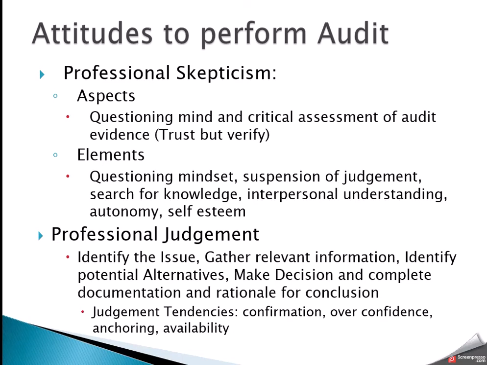So you talk to the client and you hear what they say, so you trust them, but you still go through the actual effort to verify it. Just because they tell you they took a physical count of inventory and this is the balance, you don't just go, oh, okay, great, I'll use that. You actually go and you're a part of that physical inventory count. You go and randomly test different items and verify the count sheets and see that they're following the proper internal control procedures and that type of stuff.